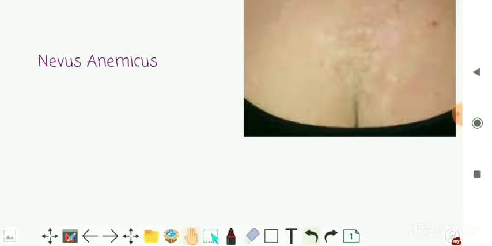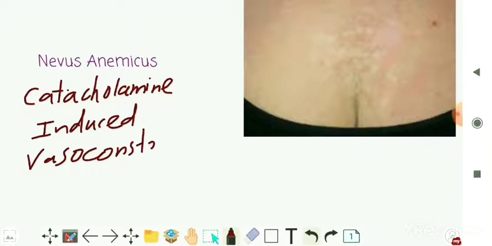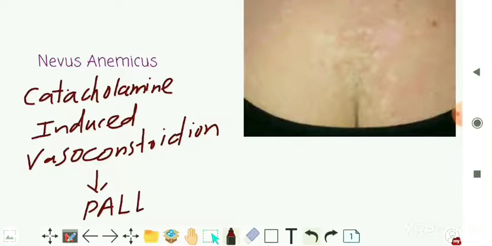Let's continue with nevus anemicus. The nevus anemicus is due to catecholamine induced vasoconstriction. And whenever there is vasoconstriction, the skin appears pale. Now, in the name of nevus anemicus, there is anemia.